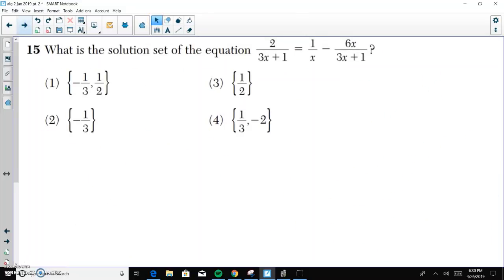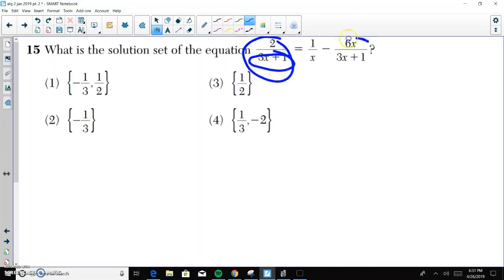Alright, 15. What is the solution set of the equation 2 over 3x plus 1 equals 1 over x minus 6x over 3x plus 1? Okay, so the first thing we have to notice about this is that these two both have the same denominator.